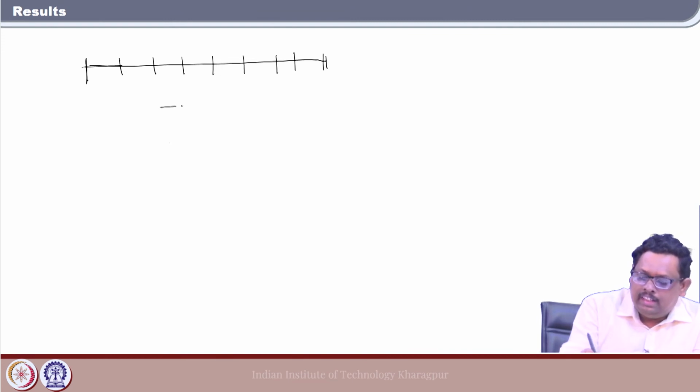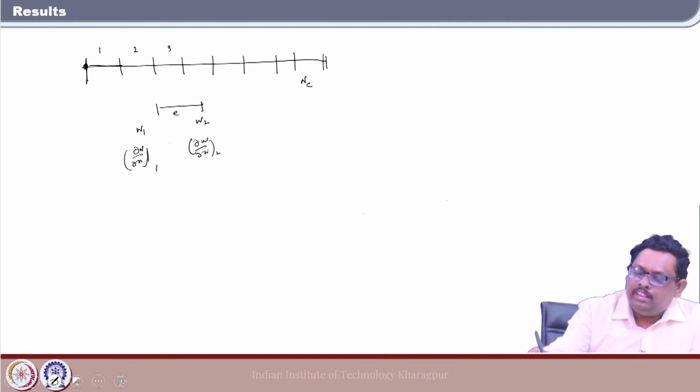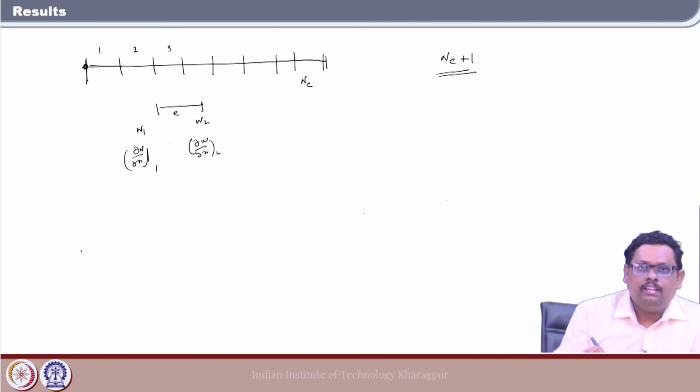So, I take any element E, and then I define here w 1, del w del x 1, w 2 and del w del x 2. So, here you can see, now let us start with the first element, second element, third element. Now, if I have n number of sections, then definitely I have n plus 1 number of nodes, right.